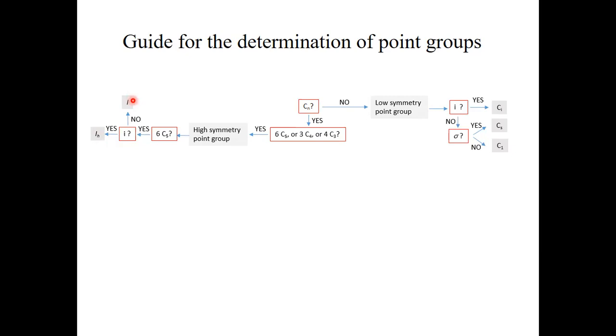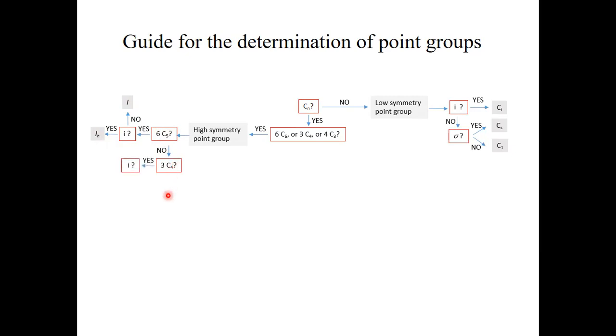Now, let us assume we do not have an icosahedral point group. If the answer to this question is not yes, but no, then we can next ask, do we have 3 C4 axes? With this question, we ask whether we have octahedral symmetry here.